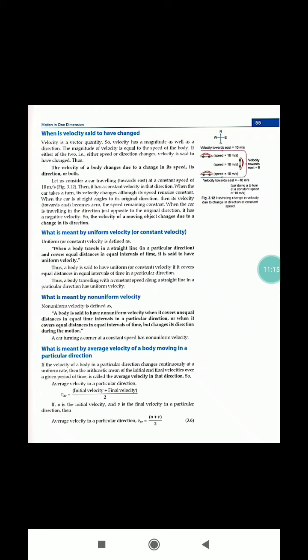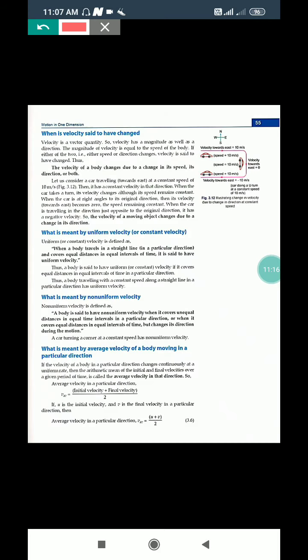Suppose a body moves from A to B. This is known as displacement and this is known as distance. The smallest distance is known as the displacement. And how much time is taken going from here to here? It is the total time taken.